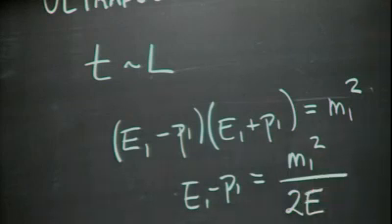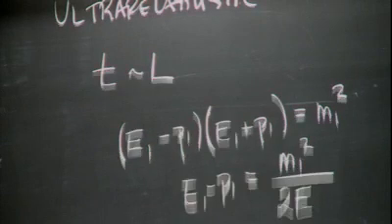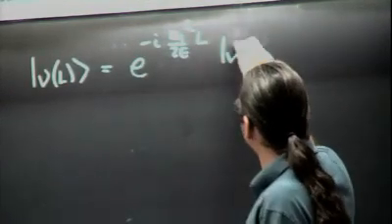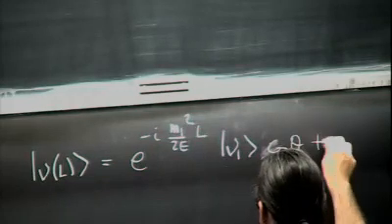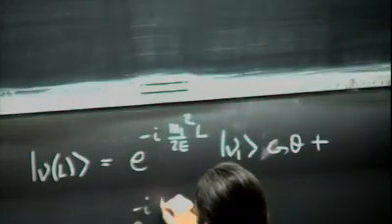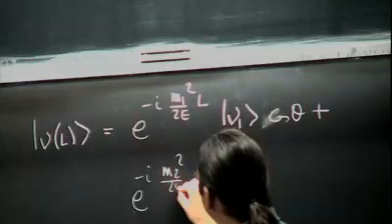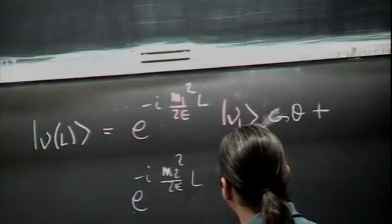Okay, so in this approximation, my neutrino at a certain point L, a certain distance L from my production point, looks like e to the minus I m1 squared over 2E times L, neutrino number 1, cosine of theta, which I forgot. And then e to the minus I m2 squared over 2E L nu 2 sine theta.